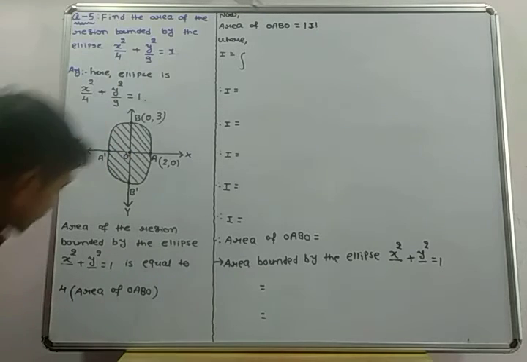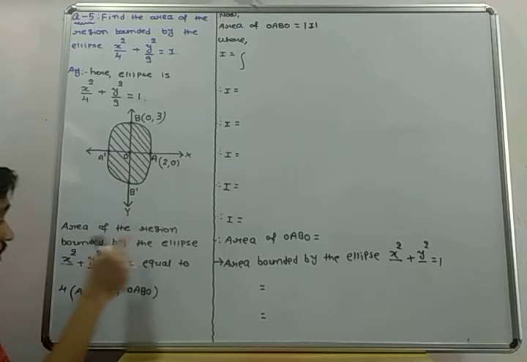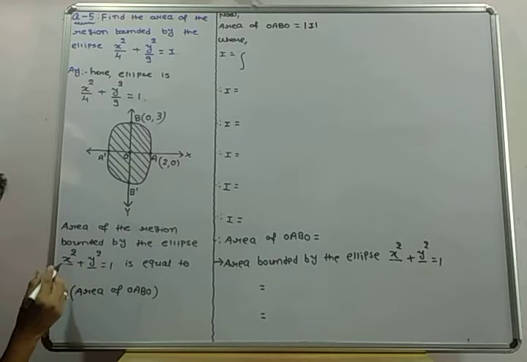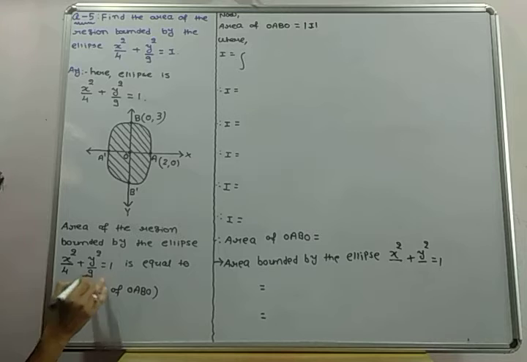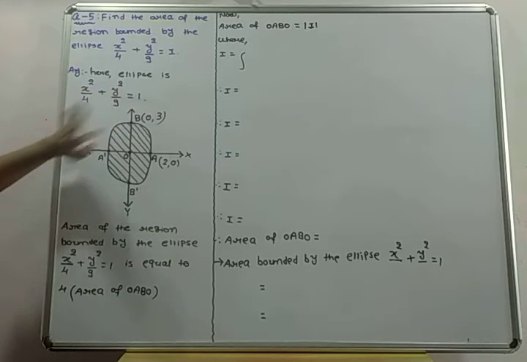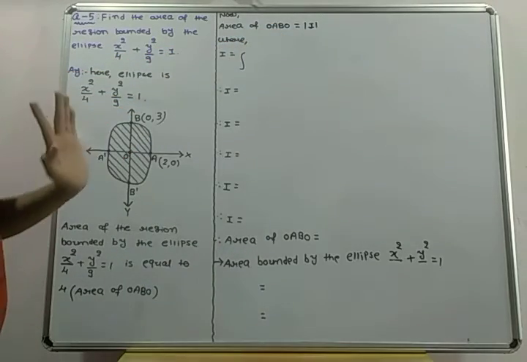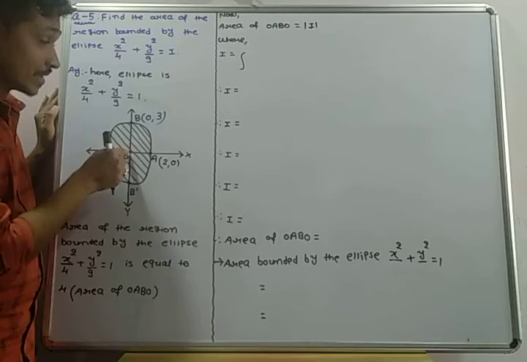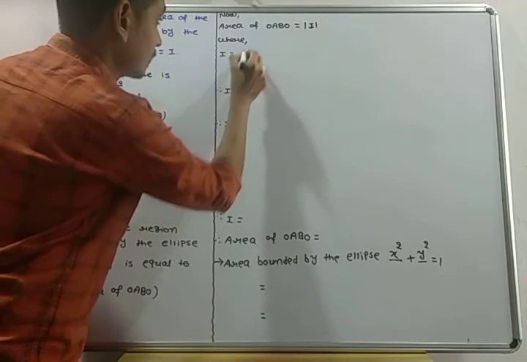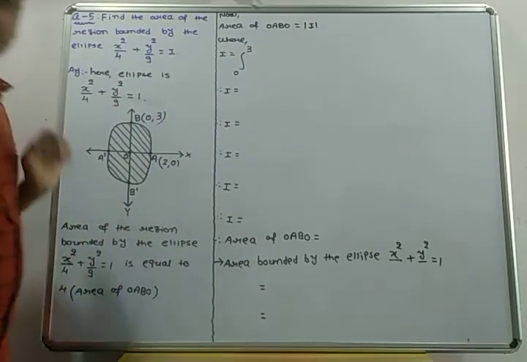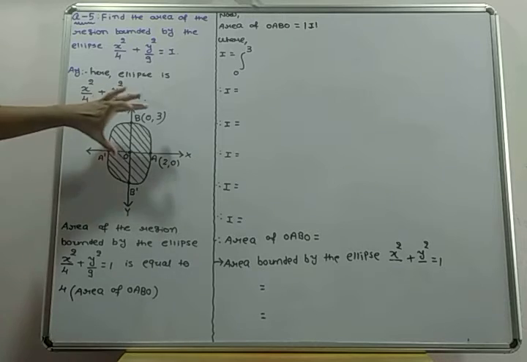Now same line: the area of the region bounded by the ellipse x square by 4 plus y square by 9 equal to 1 is equal to 4 into the area of OABO. Now finding the area of OABO equal to mod of I, where I is the integration with y limit 0 to 3. 0 and 3 are the values of y.